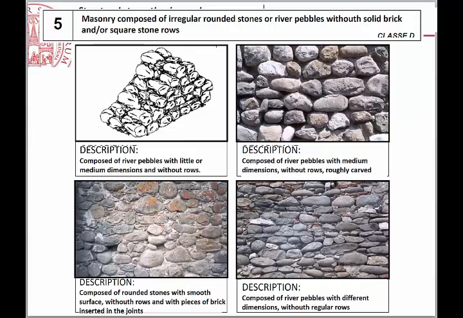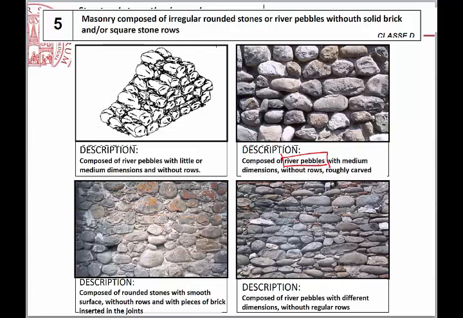This also, of course, is a bad quality masonry. In this case, you see from the shape that these are pebbles taken from the river, because they are round shapes.